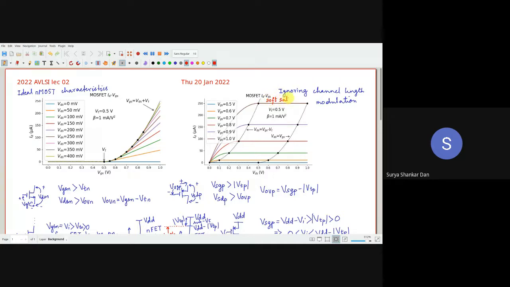As I said, this demarcation was not there previously. You will often not find it in the textbooks also, but this is very important in modern technology, and if you are into research you will understand this. This is a soft saturation region. And this part, when VDS is greater than VGS, this is called the deep saturation region.